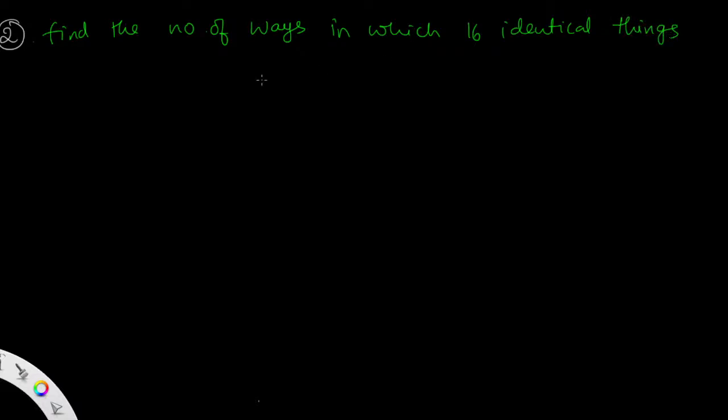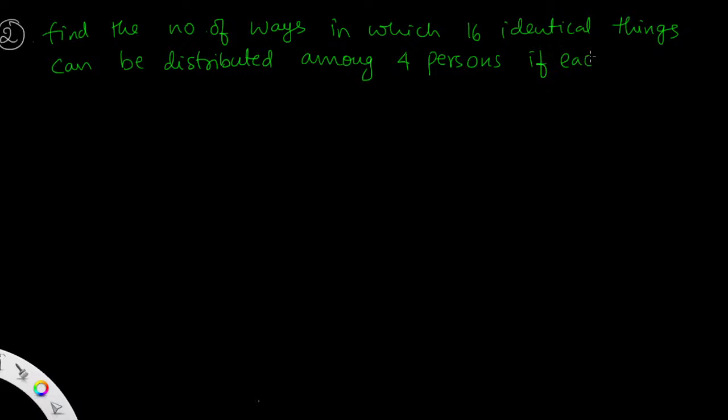16 identical things can be distributed among four persons if each person gets at least three things.